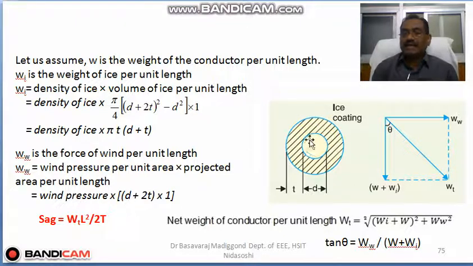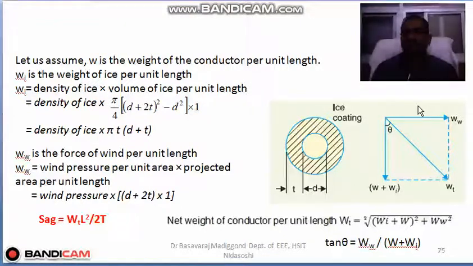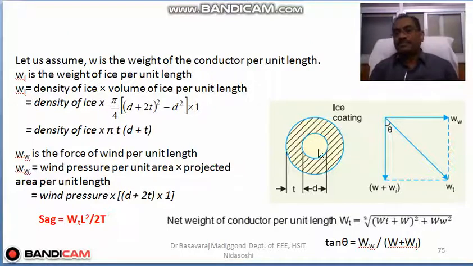Let us take this as your conductor, and this is the ice coating. The thickness of the ice coating is t, and d is the diameter of this conductor. So the total diameter of the conductor with ice coating is d plus t and this t.